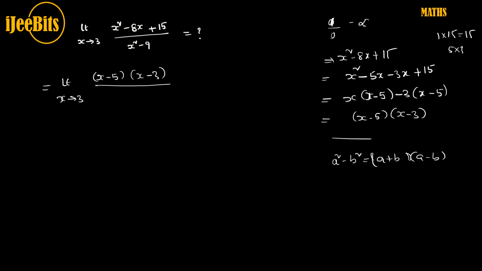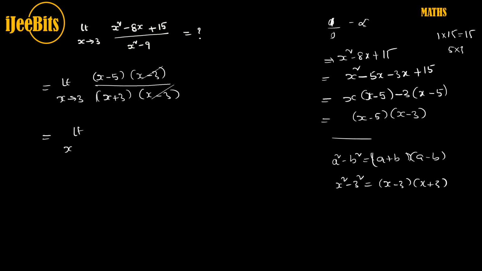So likewise, if you say 3 square, right? x square minus 3 square, how do you write it? x minus 3 into x plus 3. Rewrite the same thing here, x plus 3 into x minus 3. Now you can cut this one. So what is left over?